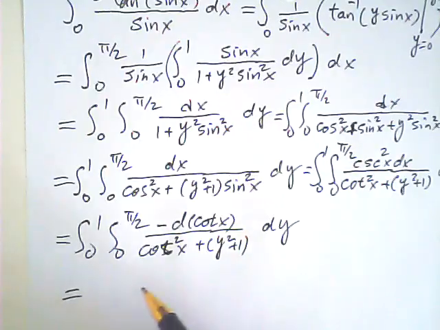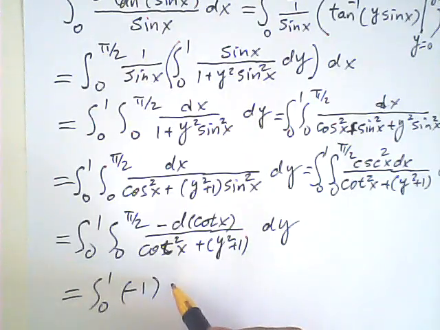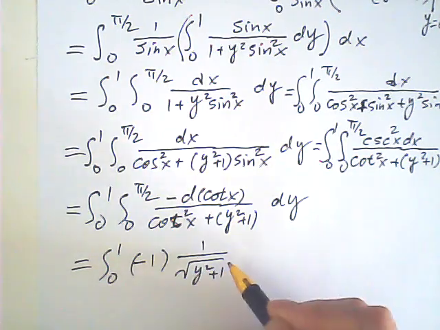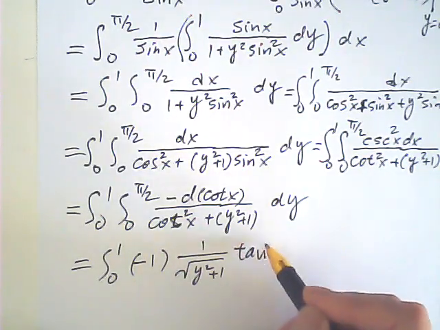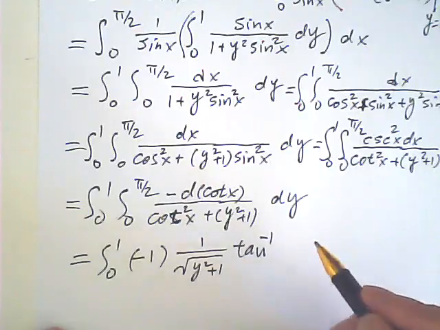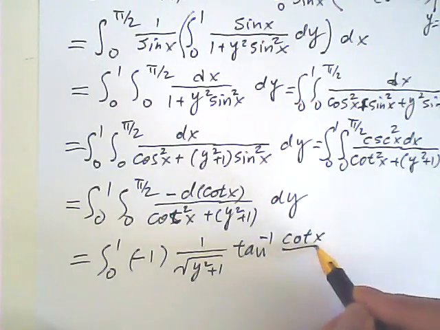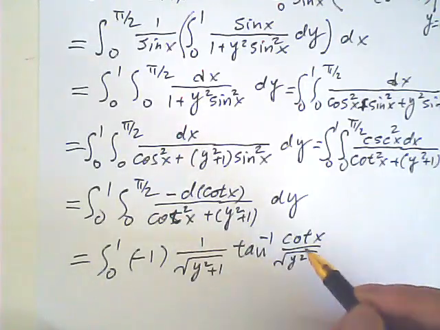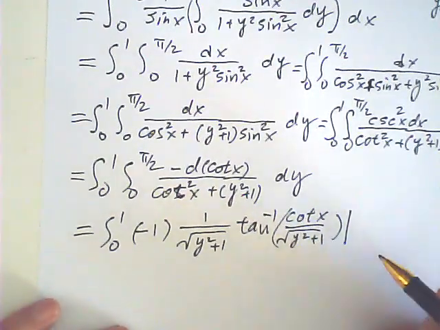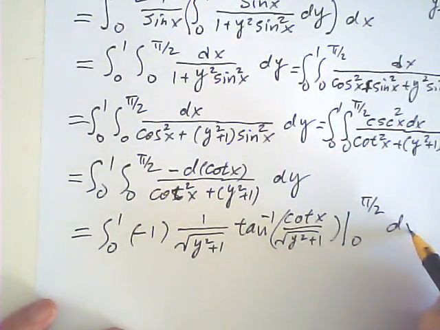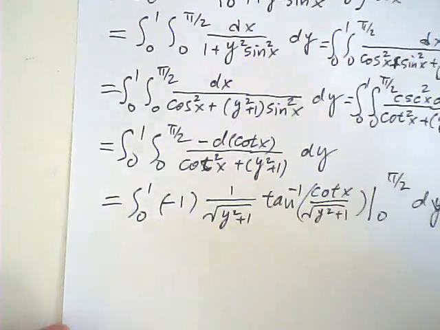So this one is equal to the integral from 0 to 1 of negative arctangent of cotangent x over square root of y squared plus 1, from 0 to half pi, then dy.